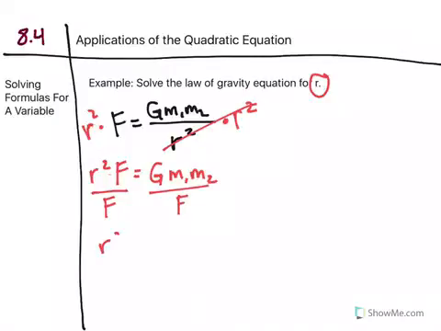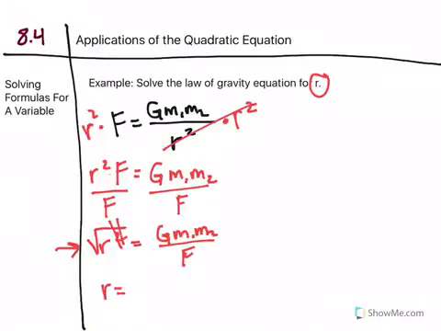When we do that, we get r squared equals g m1 m2 over f. Alright, so we still have a fraction, however, now at least we have r by itself. We just have to get rid of that squared. The opposite of squaring something is to take the square root. We learned that in Unit 7. And so now these two things cancel out, leaving us with r.